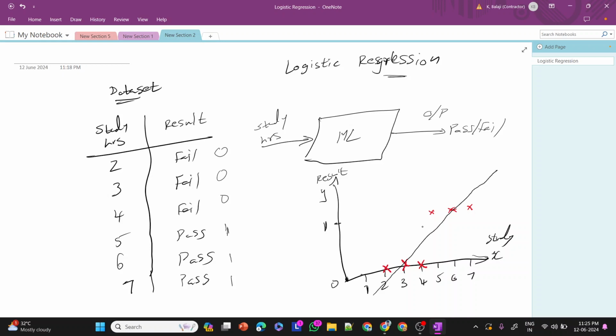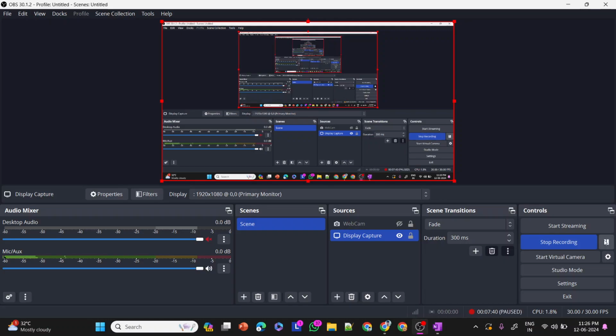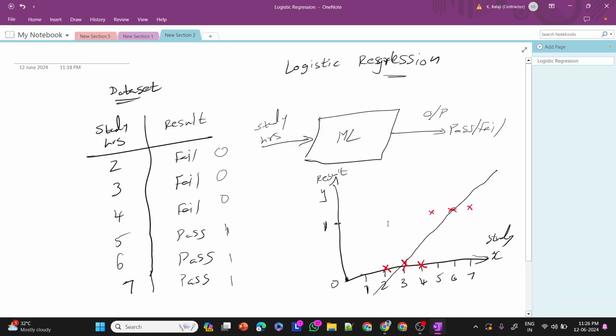For example, between 0 and 1 there is 0.5.